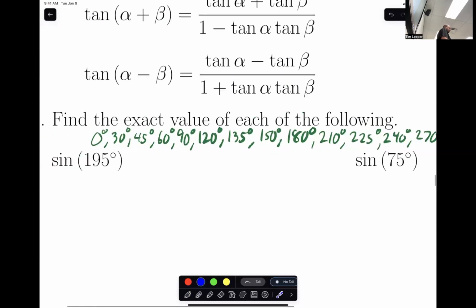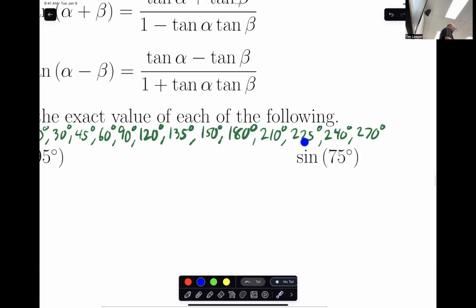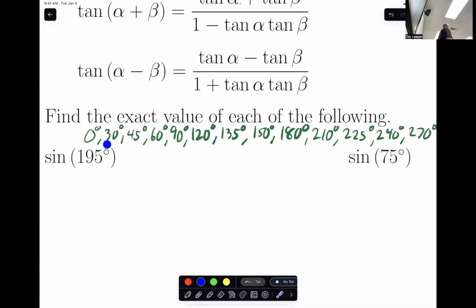So I could look for what gives me a difference of 195. So I could do maybe 225 and 30 degrees. That would be fine. But that's usually more difficult than adding, right? So let's think of two angles here that can add together to give you 195.